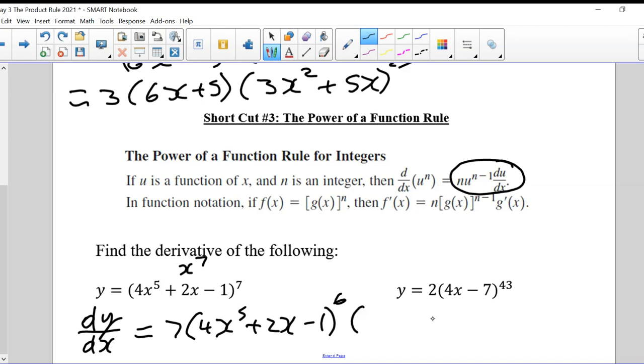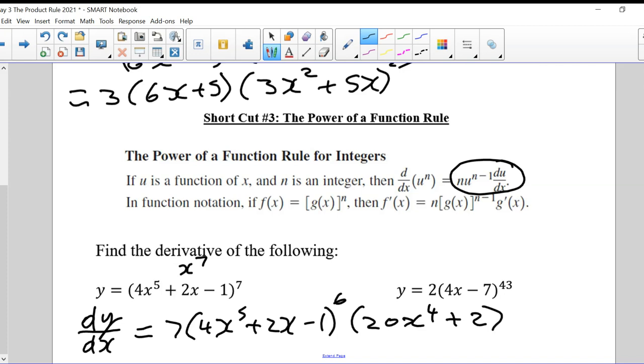Then I multiply that by the inside function's derivative, which would be 20x to the power of 4, plus 2, sorry.